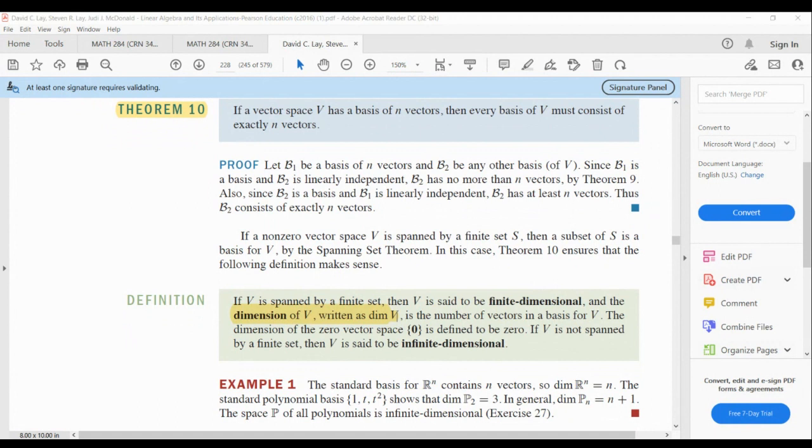So if you have a finite dimensional space, the dimension of the space is written as DIM of V, and it's the number of vectors in a basis for V. Okay, and you can have vector spaces that are not spanned by a finite set. Those would be called infinite dimensional. But infinite dimensional, we're not going to do a whole lot with those right now in this class.